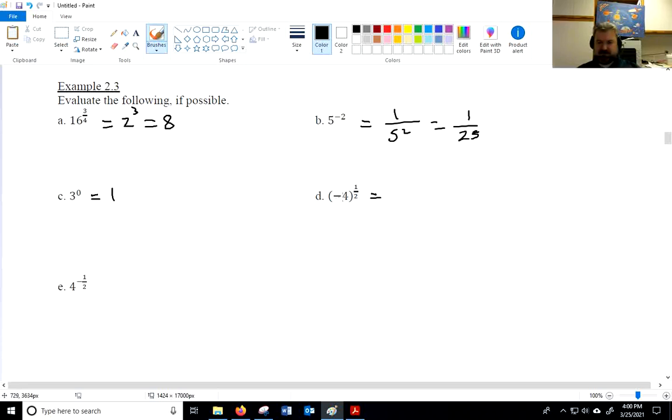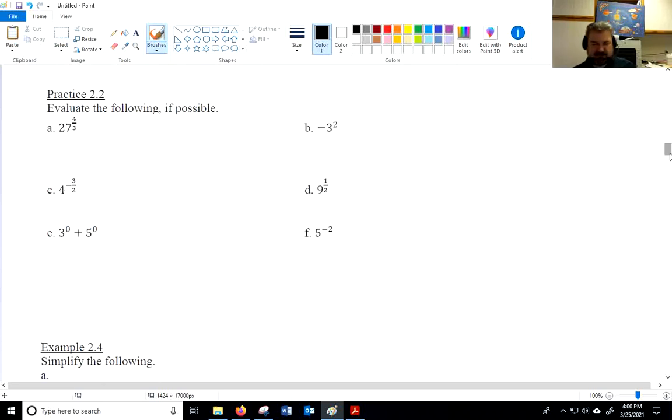And negative 4 to the 1/2 power is no solution, or non-real, because you can't take the square root of a negative number. 4 to the negative 1/2, though, is quite easily done, because that's just the square root of 4 in the denominator. So big difference between D and E.